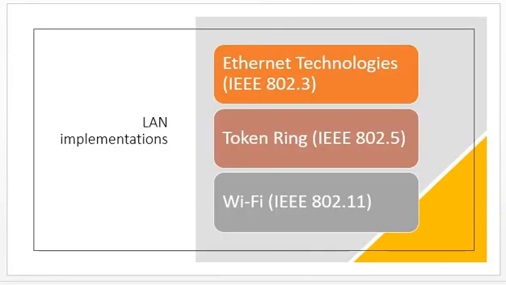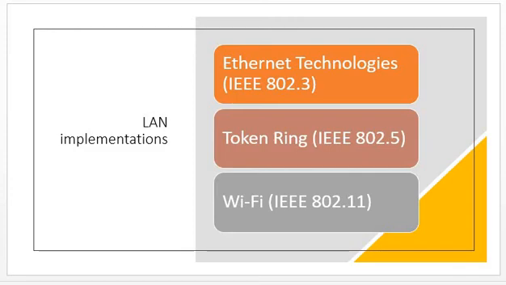How are local area networks implemented? Earlier on we said the connection can either be wired or wireless. So these are the three main technologies that are used for implementation of LANs.